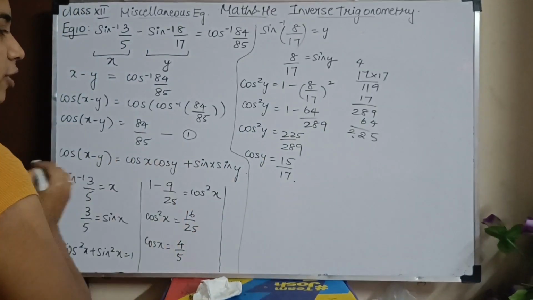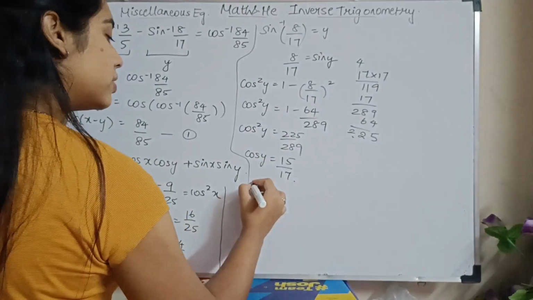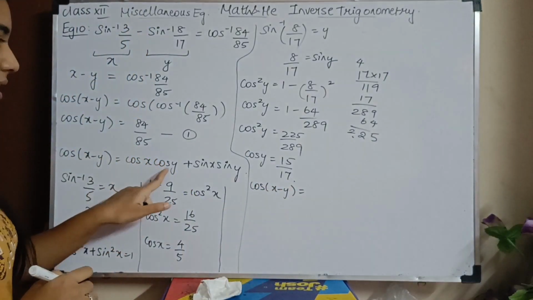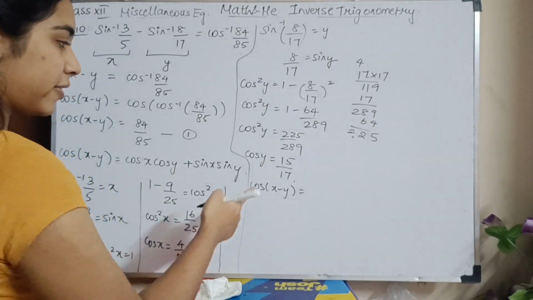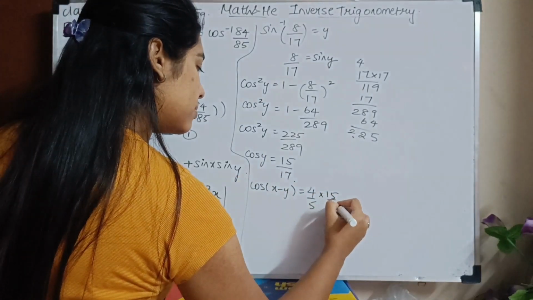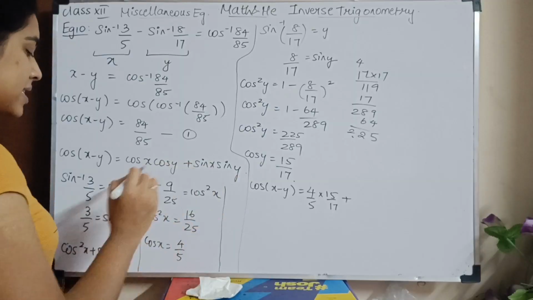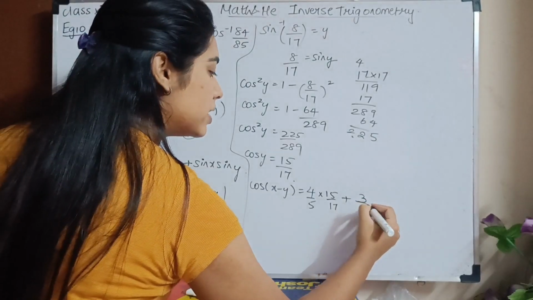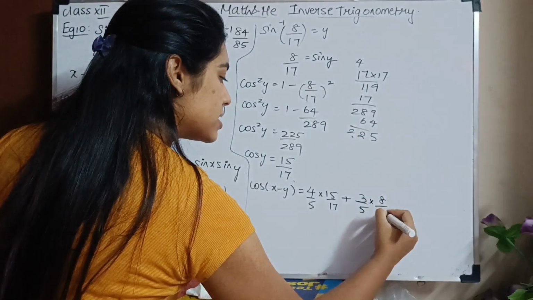Now simply substitute in the formula. So what will I have? Cos of x minus y is going to be cos x cos y. What is cos x? 4 by 5, and cos y is 15 by 17. So 4 by 5 times 15 by 17 plus sin x sin y. What is my sin x? 3 by 5. Sin y is 8 by 17. So I'll have 3 by 5 times 8 divided by 17.